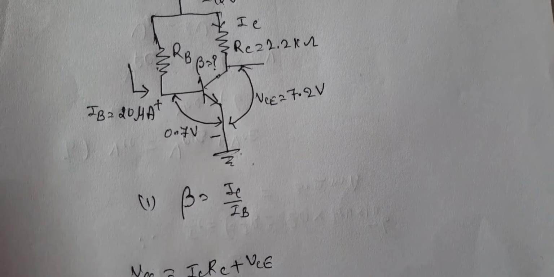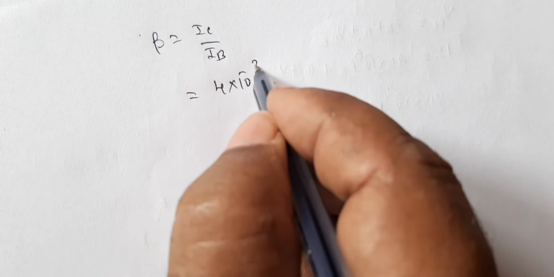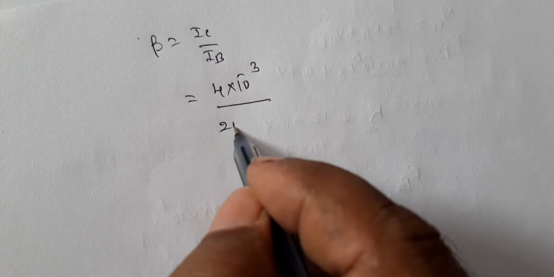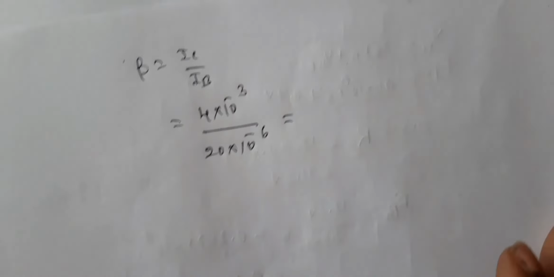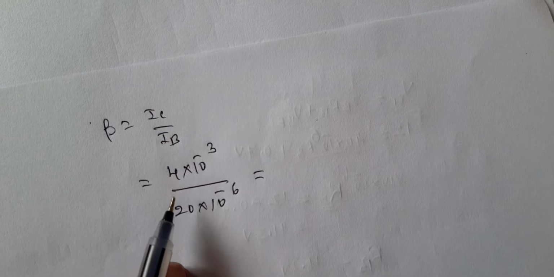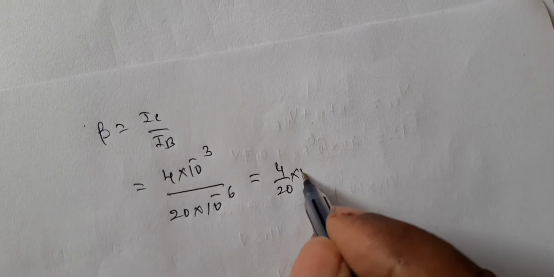Now, beta equals IC by IB. IC is calculated as 4 milliampere, 4 into 10 power minus 3, and IB is given as 20 microampere, 20 into 10 power minus 6, which is equal to 4 by 20 into 10 power 3.